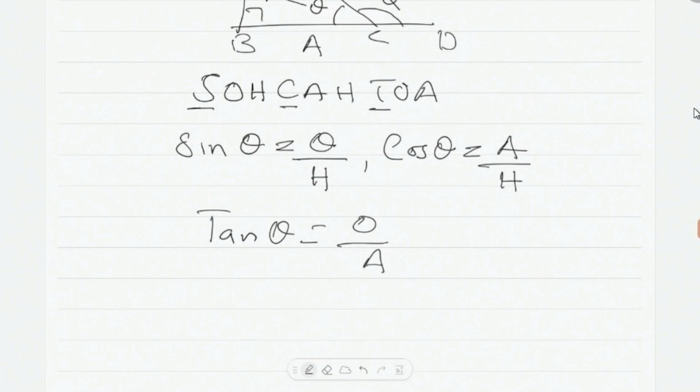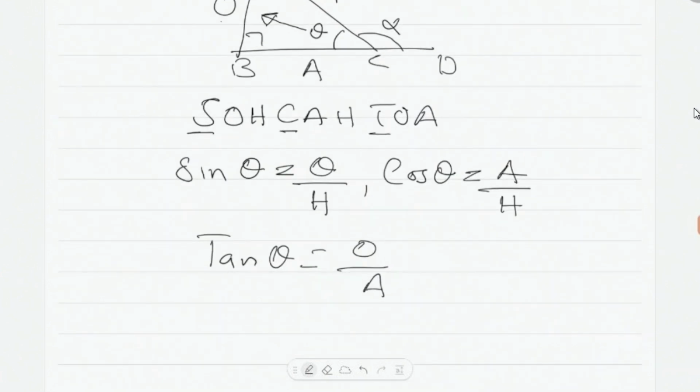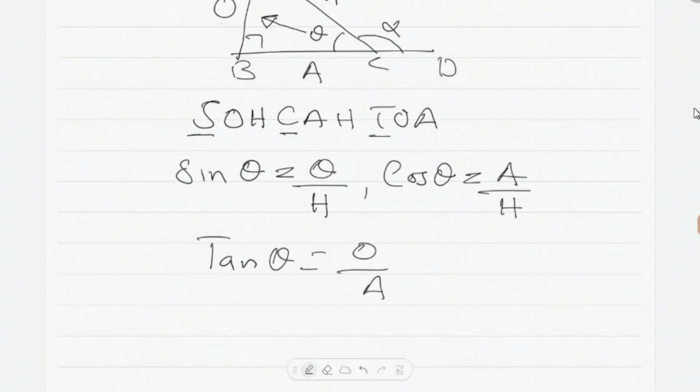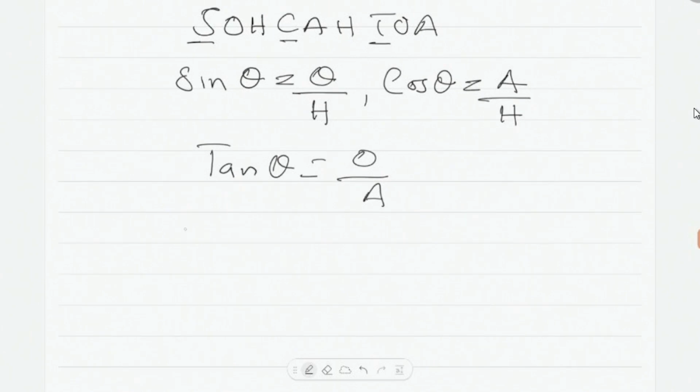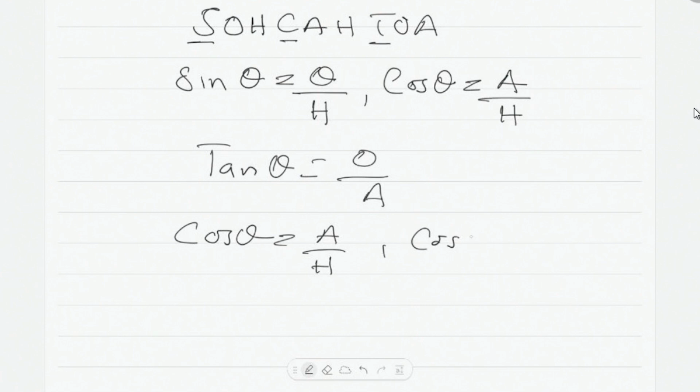So to find the cosine of theta, I will use cos theta is equal to adjacent divided by hypotenuse. Then to find the cosine of the exterior angle, I just need to multiply the right hand side by -1, which gives me -a over h.